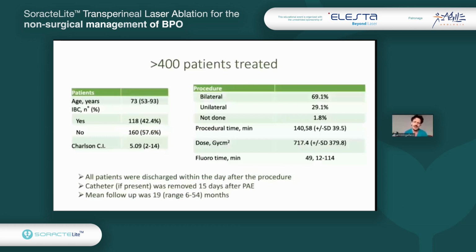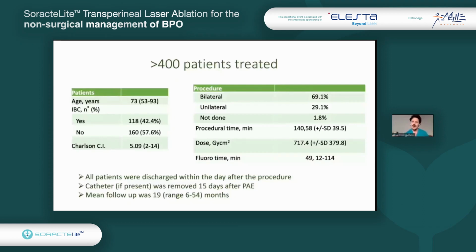By now we are at more than 400 patients treated, and in this big series we also have patients that any urologist would never give to a radiologist, because there are probably 20 to 30% of patients that we would like to operate.